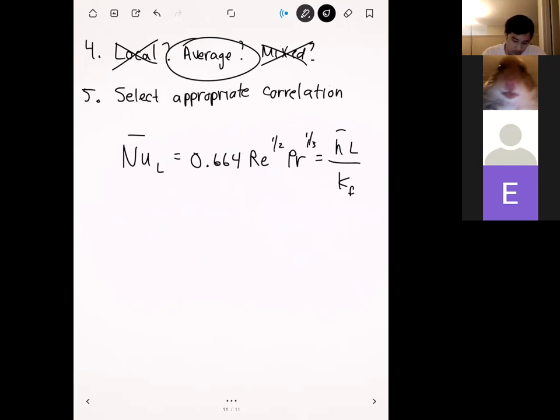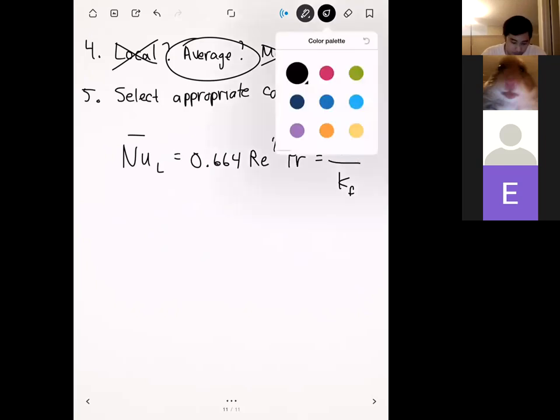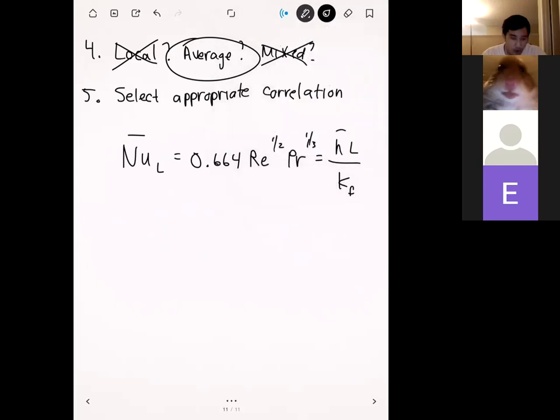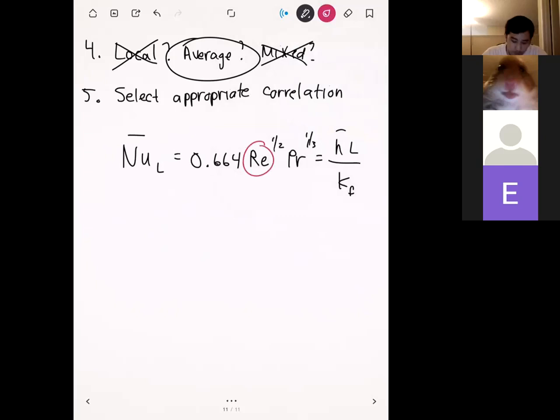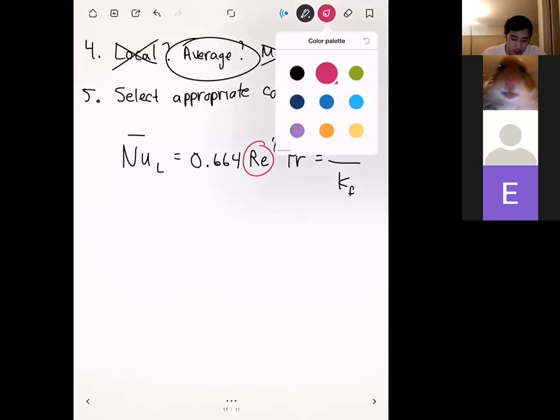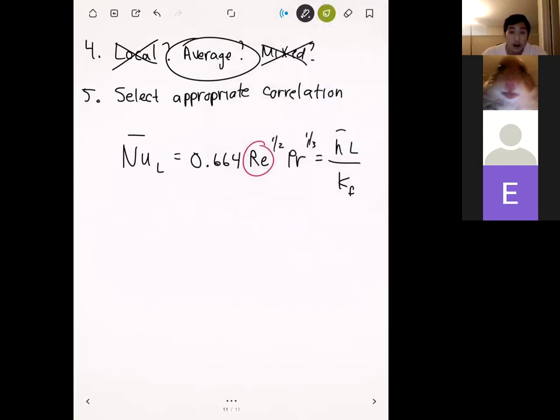Usually at this point in the problem, you can plug in for Re, plug in for the Prandtl number, and solve for h. This problem is a little bit inverted because what's unknown here is actually the Reynolds number, so we're going to be solving our expression for that.